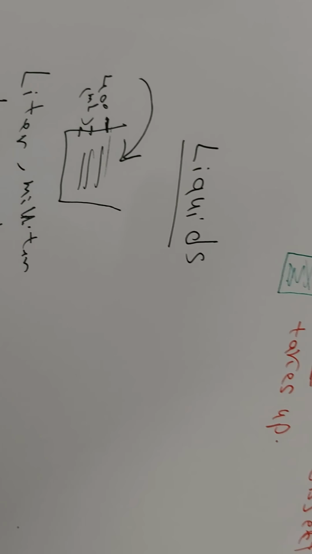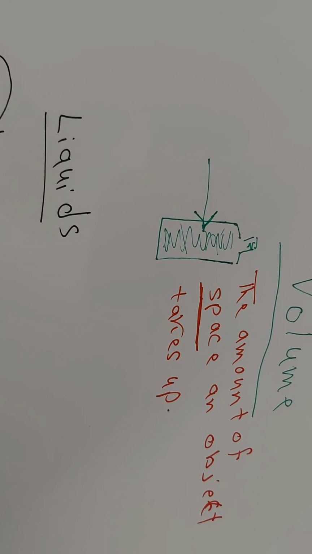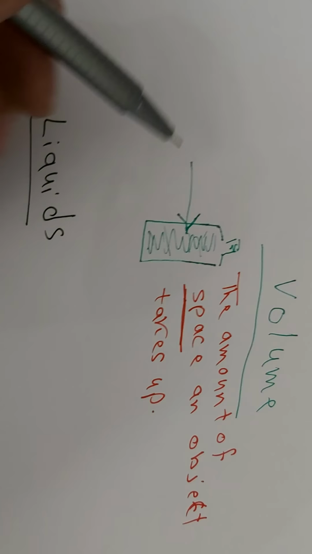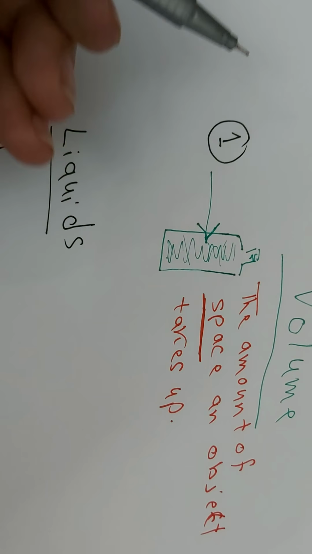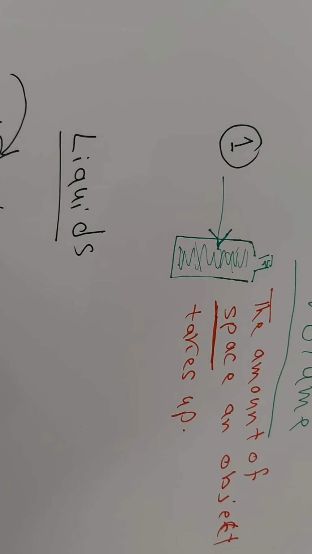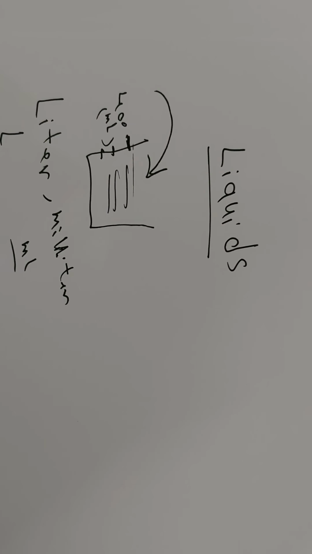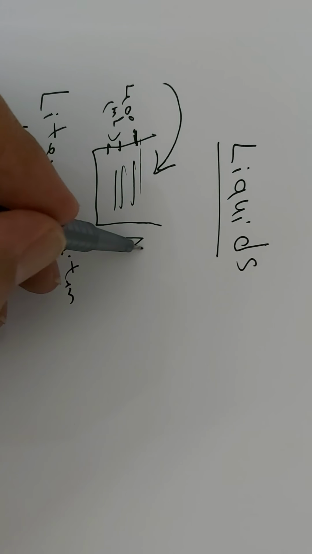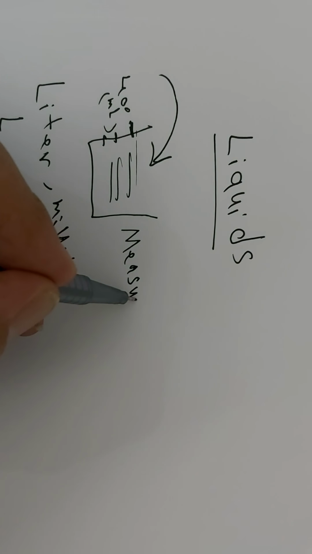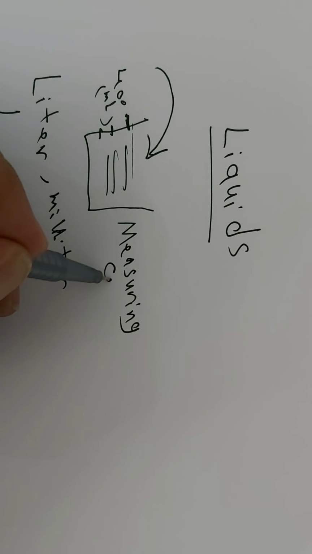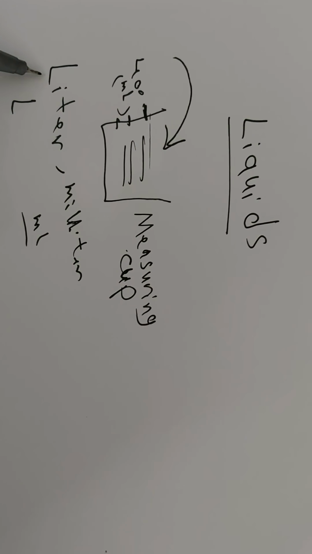So we measure the volume of liquids by using a measuring cup or graduated cylinder. The units for liquids are liters and milliliters.